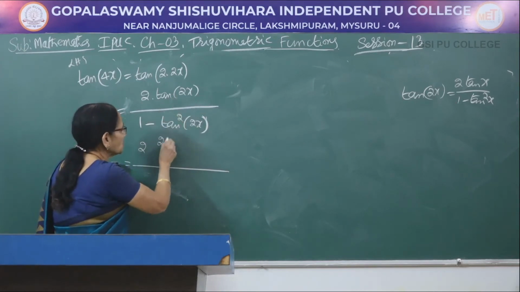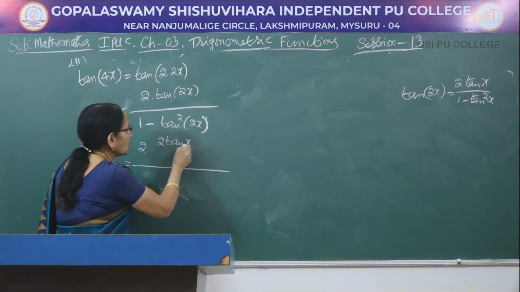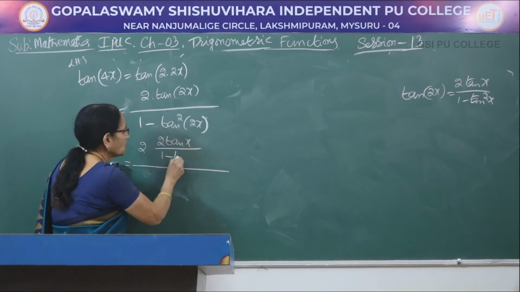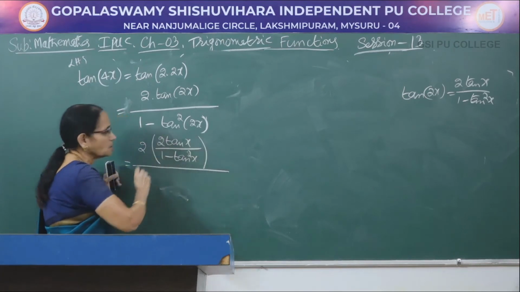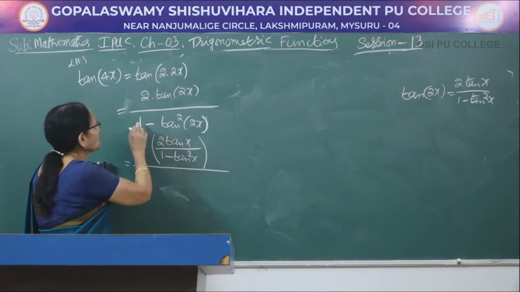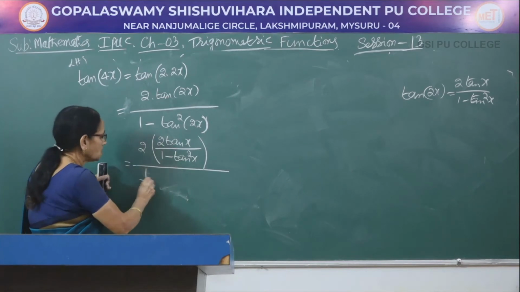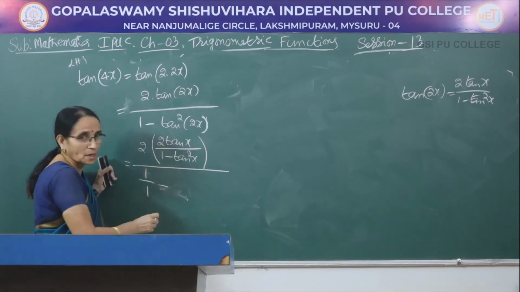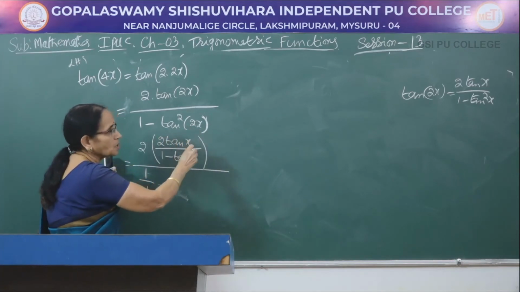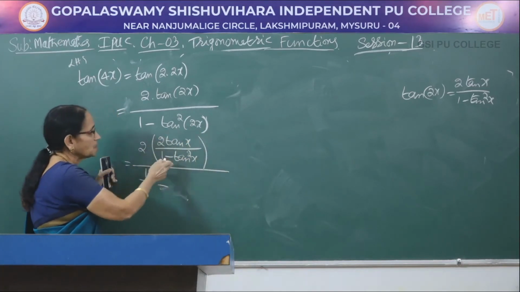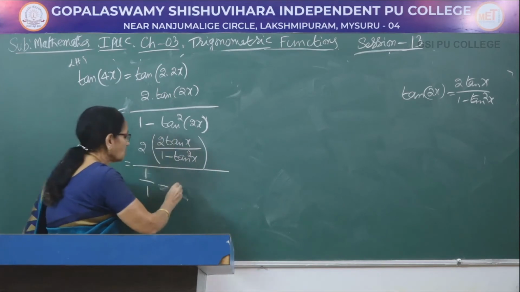Tan of 2x means you can write 2 tan x divided by 1 minus tan square x. If you want, you can use a bracket also here. Now, in the denominator, write this 1 as 1 by 1 to avoid confusion, minus tan square 2x. Use that formula: tan square 2x means the expression for tan 2x has to be squared.